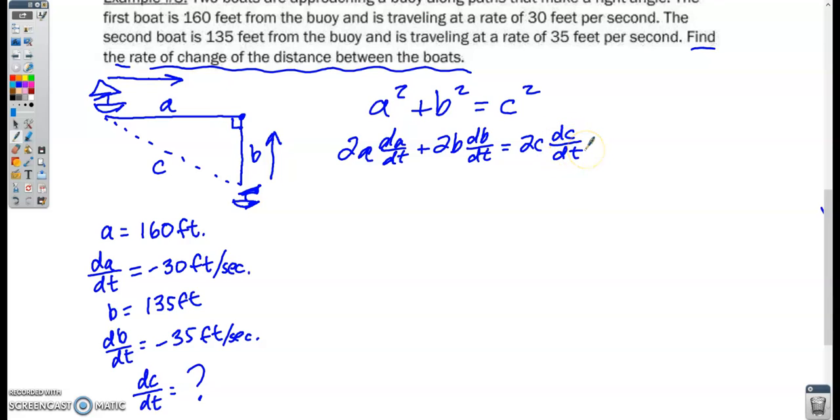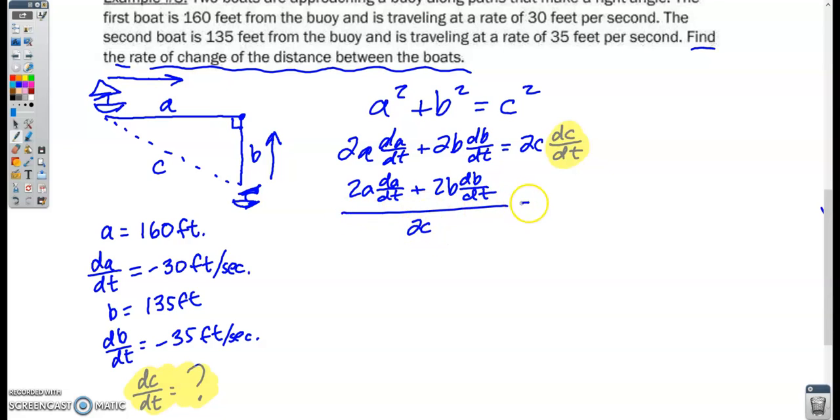And this is something that I haven't done in any of the problems up to this point. I want to solve this for dC/dt since that's what we're looking for. So I'm going to go ahead and divide both sides by 2c. That gives us 2a dA/dt plus 2b dB/dt all over 2c is equal to dC/dt.